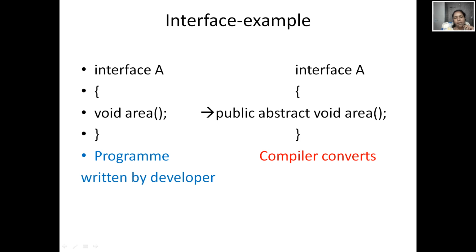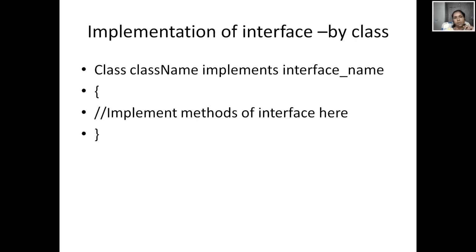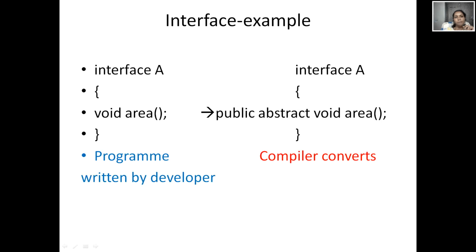So the compiler converts it. It cannot add public to the interface itself; for the interface you must specify it explicitly. But coming to the method, even if you write it like this, the compiler adds public abstract void area.